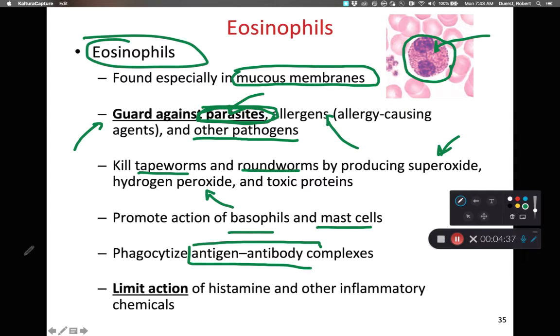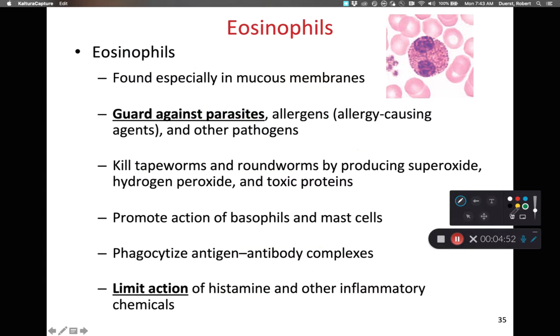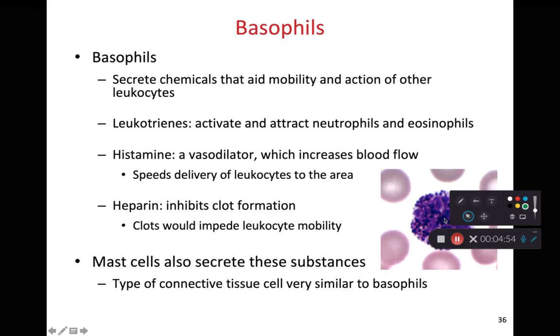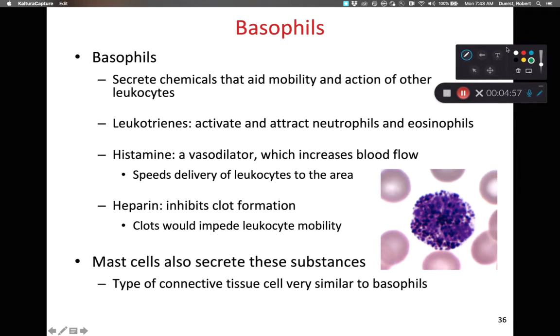We should also emphasize that eosinophils will limit or downregulate the action of histamine and other inflammatory chemicals. They help to give us balance or maintain homeostasis so that we don't have that runaway inflammatory response or allergic reaction.